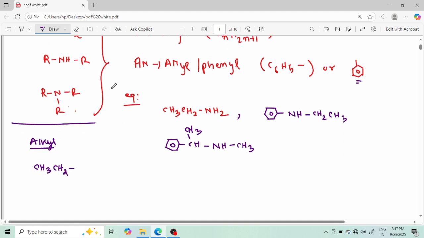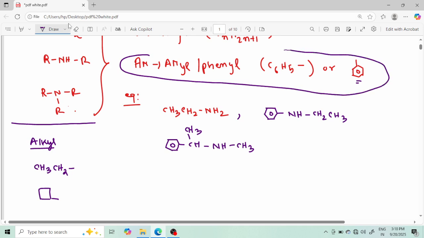It does not have any benzene ring, right? It can be a cyclic structure also, like this one, this is also alkyl. In simple terms, if it is not a phenyl group, that is a benzene ring, then we can say that the particular compound is an alkyl compound. Okay, like for simplicity.